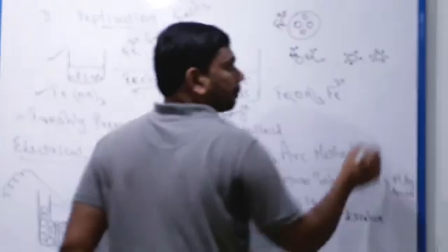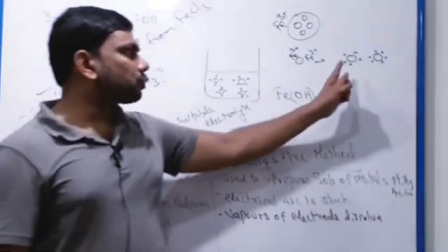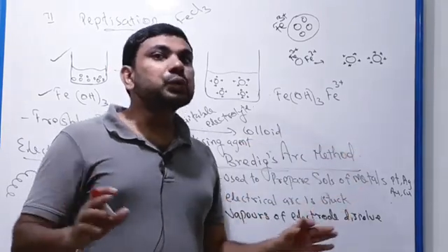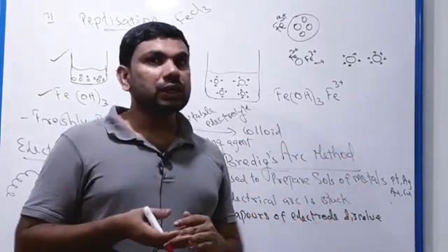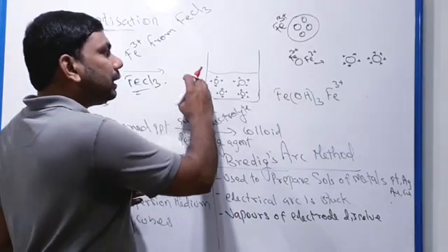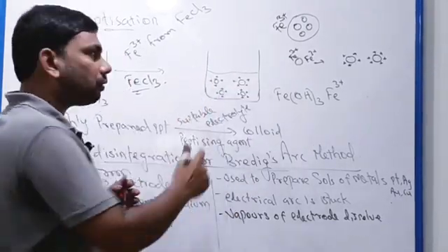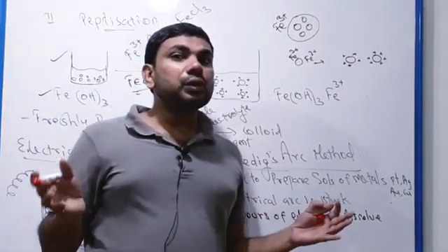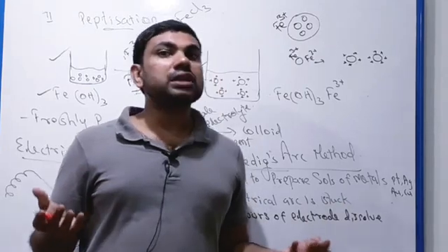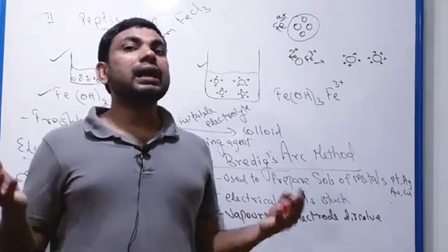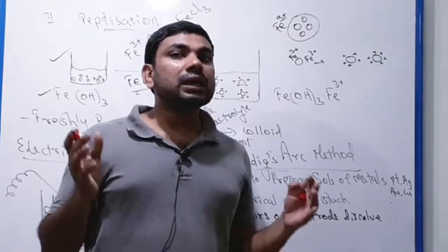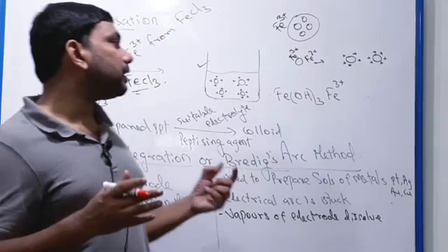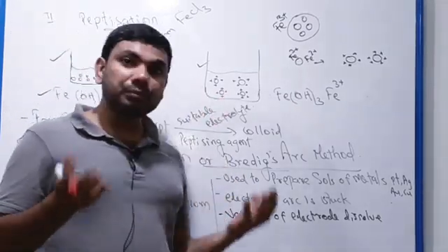Now each molecule is surrounded with a positive charge. Same thing happens in all precipitate molecules over here. So different molecules surrounded with positively charged particles have the same charge and these molecules will repel each other.